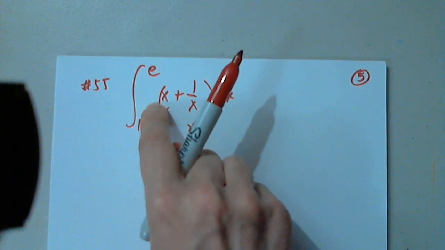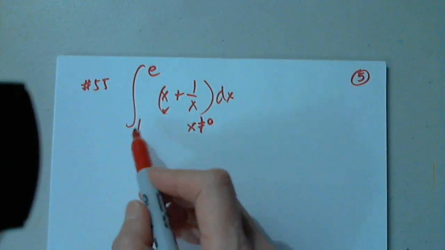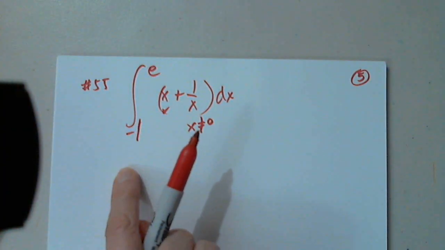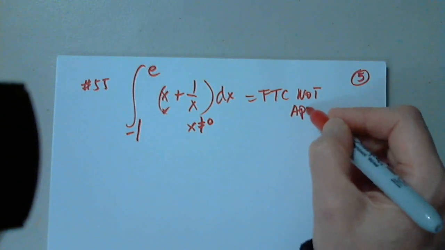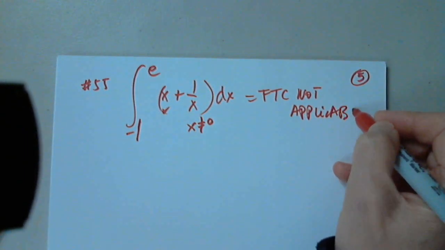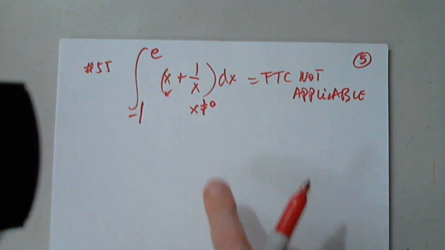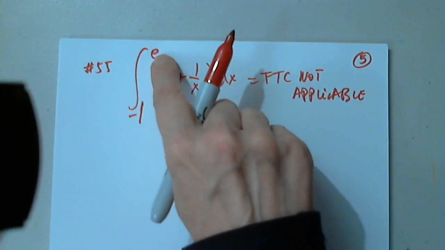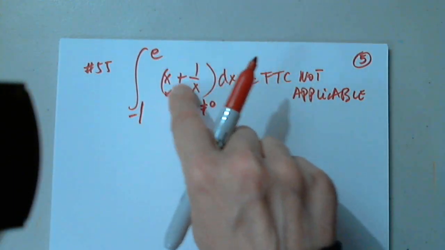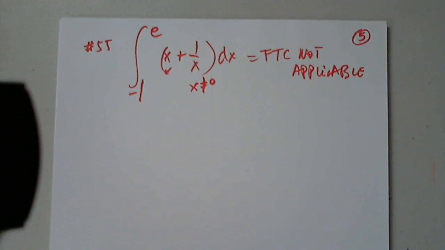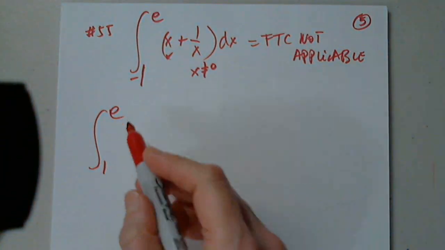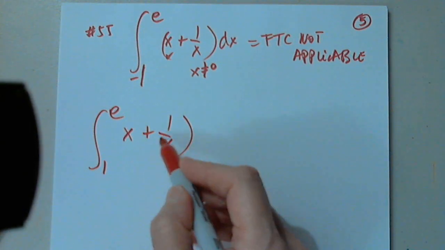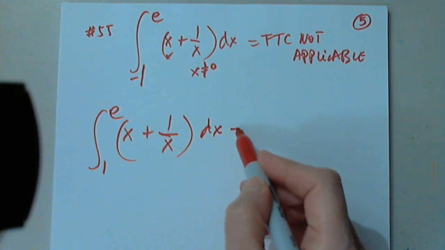If 0 were in the interval, for example, if I have this, I'll say FTC not applicable, because 0 is between -1 and e, and this function is not continuous between -1 and e. But the integral is from 1 to e, of x plus 1 over x dx.